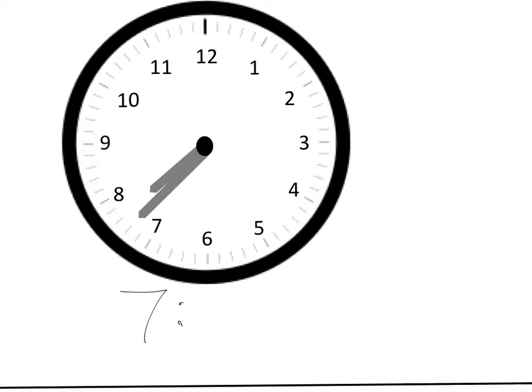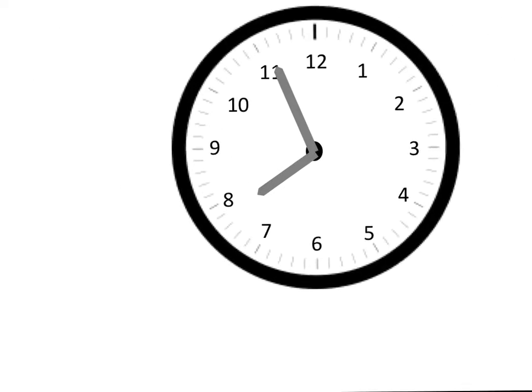Now my minute hand, my long one, is also between the 6 and the 7. So I'm going to count by 5s and then by 1s to figure out what time. 0, 5, 10, 15, 20, 25, 30, 35, 36, 37. So 7:37 is what time Dion leaves his house.